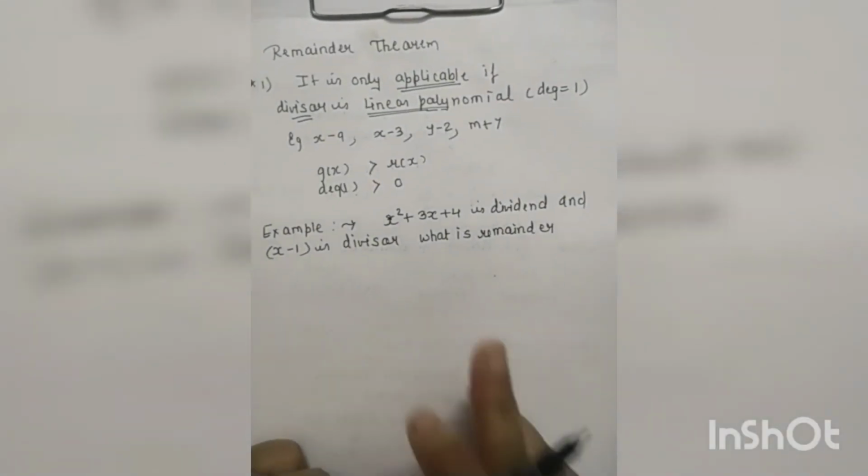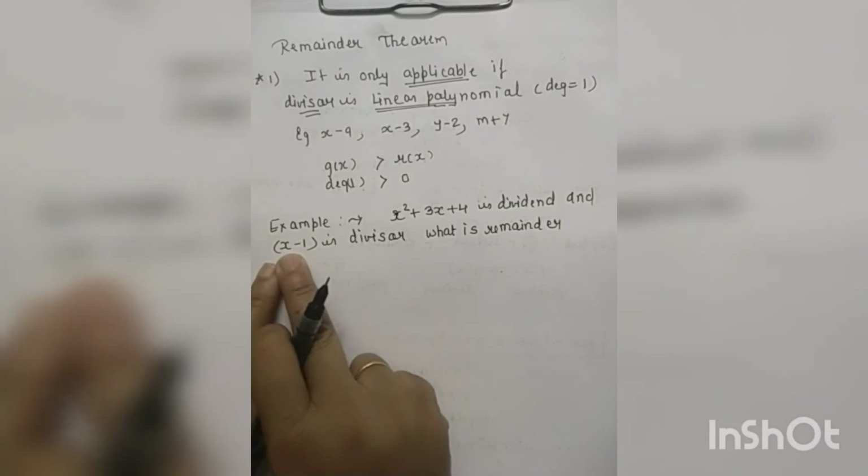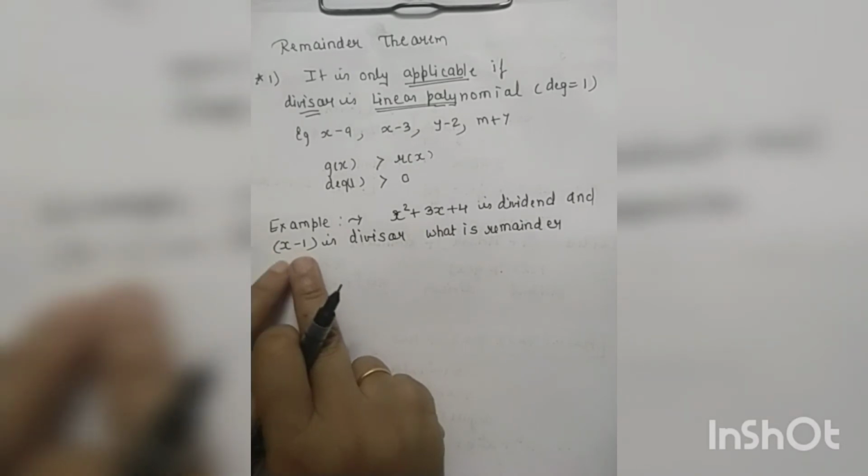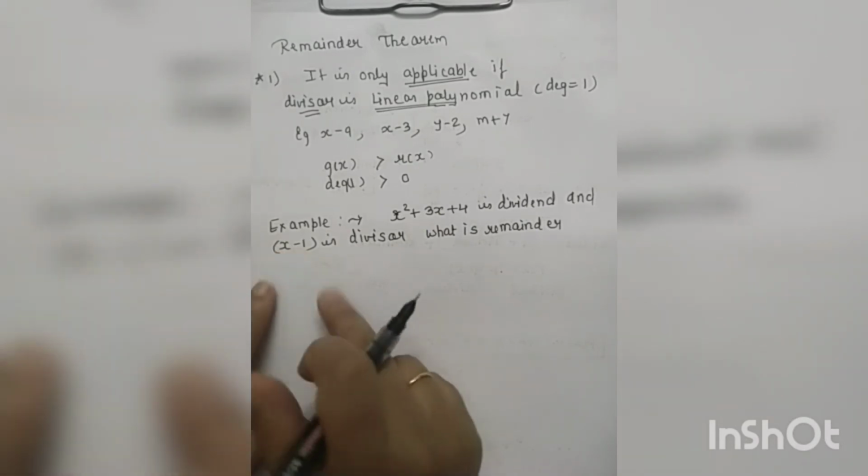First of all, whenever you see that it is degree 1, that means it is a linear polynomial, right?